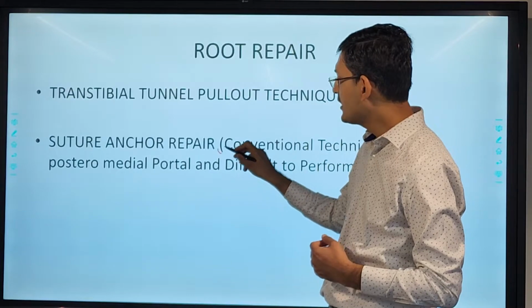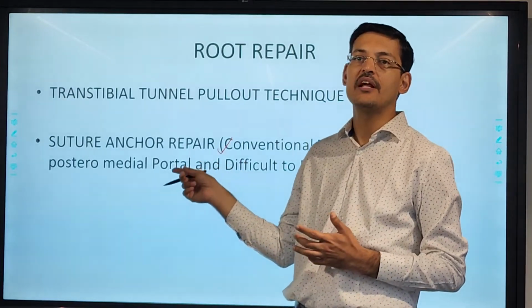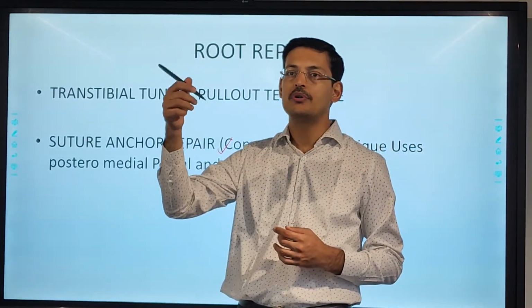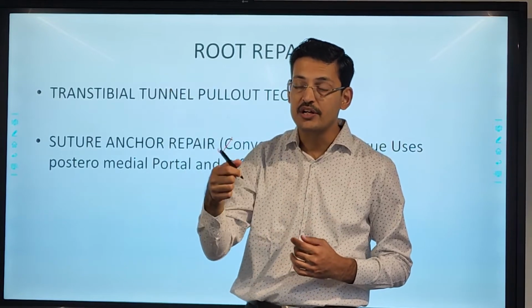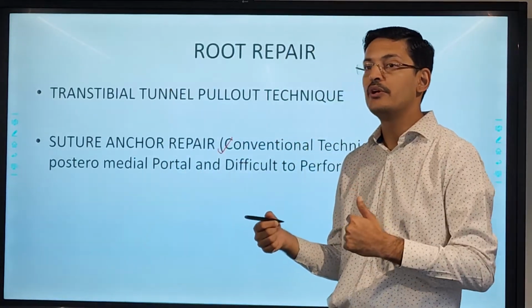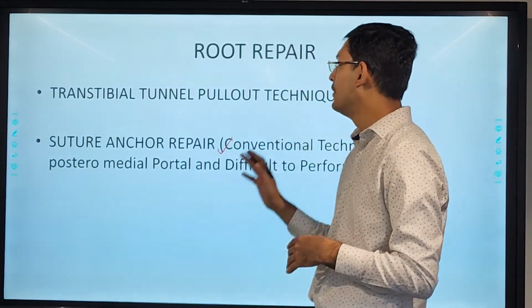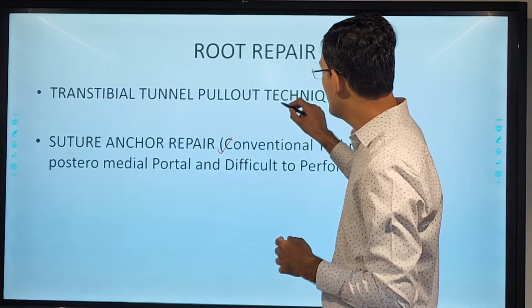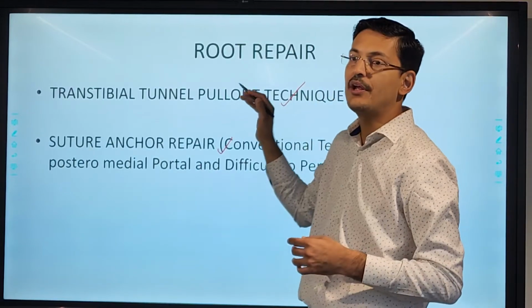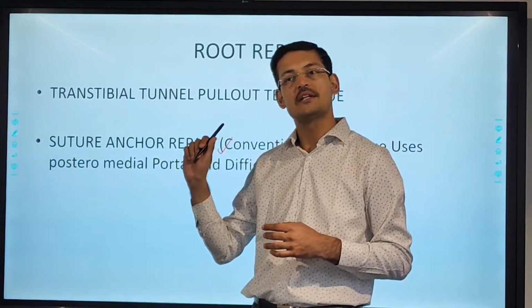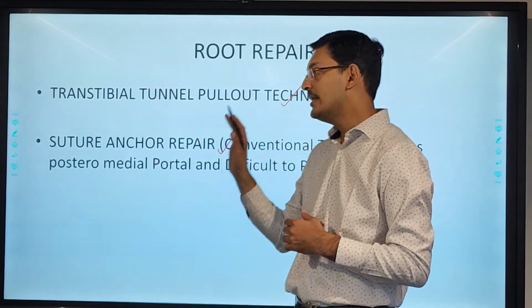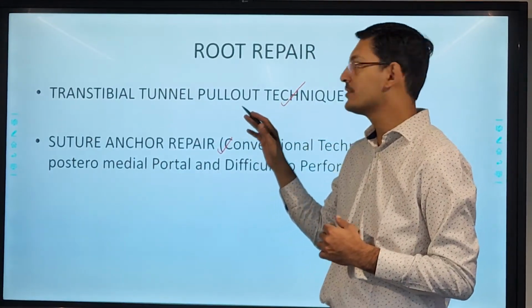Now I have tried this technique, but it is technically very difficult, because from the posterior medial portal it is not easy to have a good trajectory to put an anchor into the root. It is a difficult job even for an experienced surgeon. Now the transtibial pull-out technique is the most popular technique throughout the world for treating this kind of root tear. But this technique has some problems.